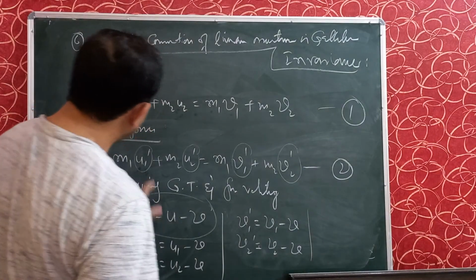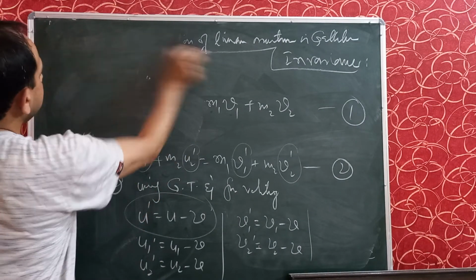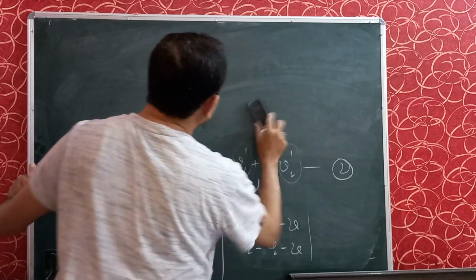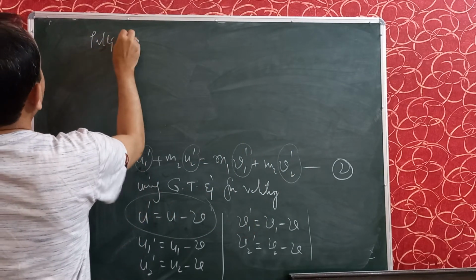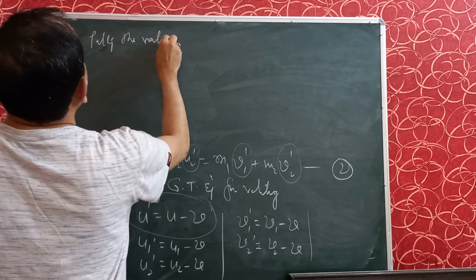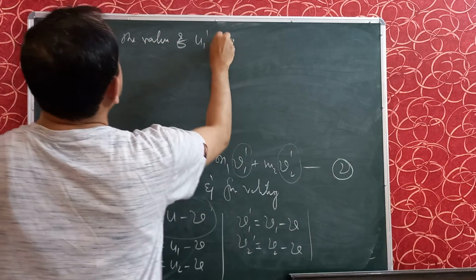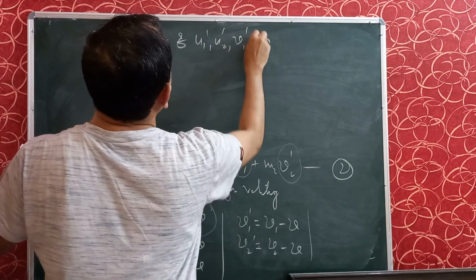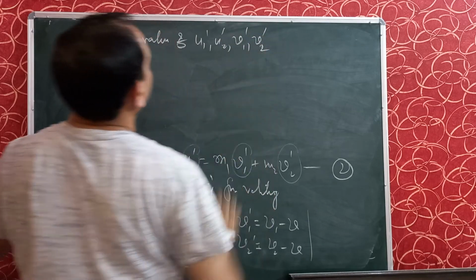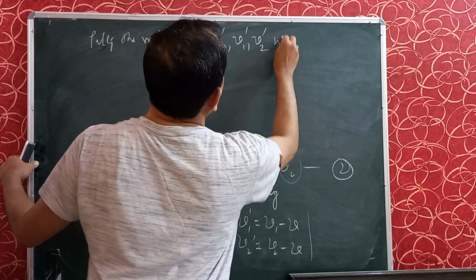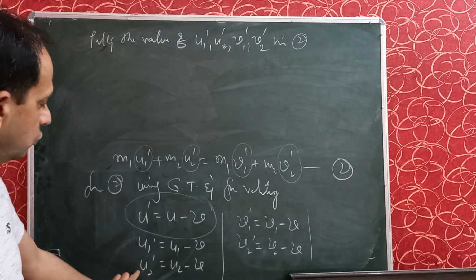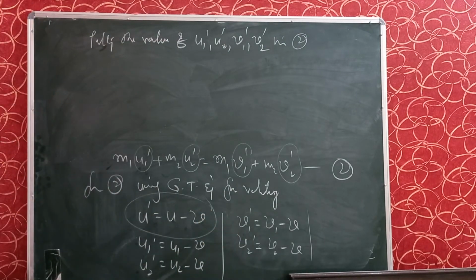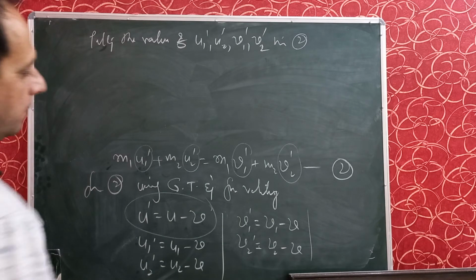Here u1, u2, v1, v2 and their dashes are the velocities of particles, and v is the velocity of the frame.